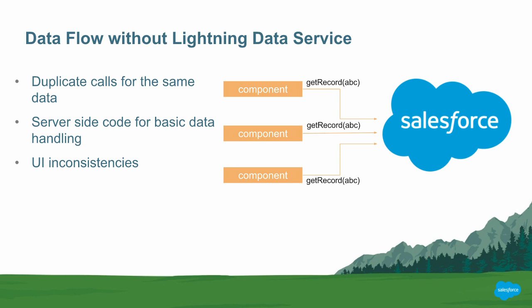And that basically means you're driving extra traffic through your app, which means that your users are sitting there waiting for stuff to go back and forth between the client and the server. And then it also means that when one component makes a change to the record, it has to go all the way to the server before the other component knows that something changed. So that makes for some UI inconsistencies that isn't exactly the greatest thing for end users.